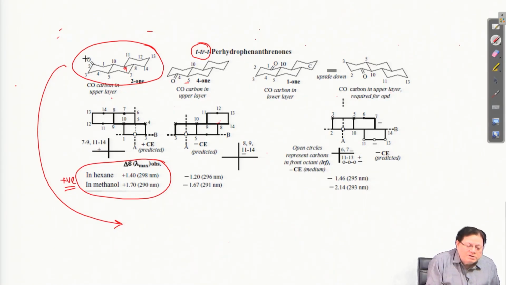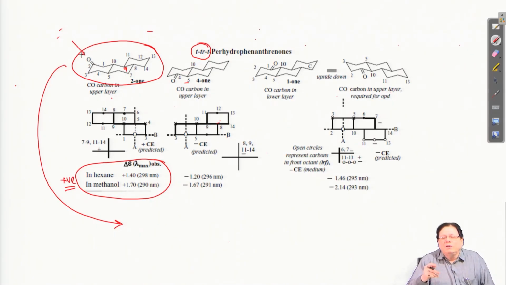Now, what is actually done in drawing the octant projection is that you have to look along the oxygen of the carbonyl and the carbon of the carbonyl, that means the OC bond, along the OC bond.